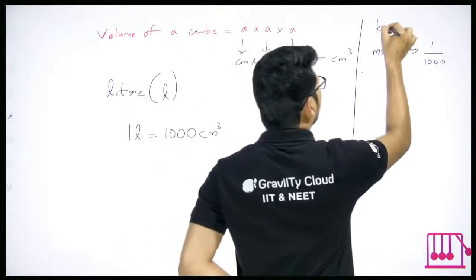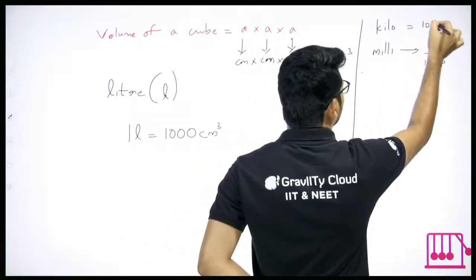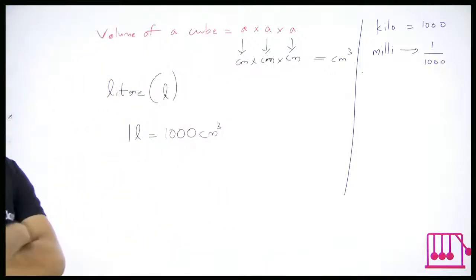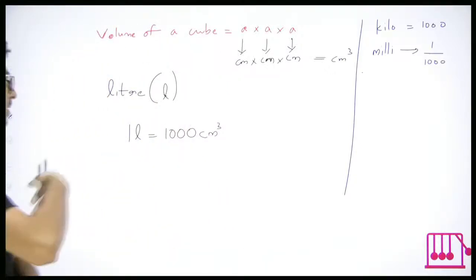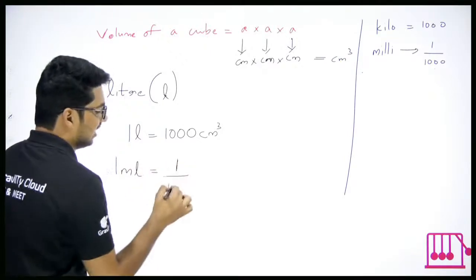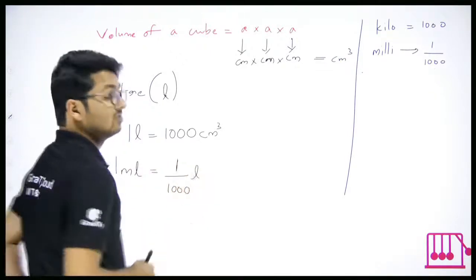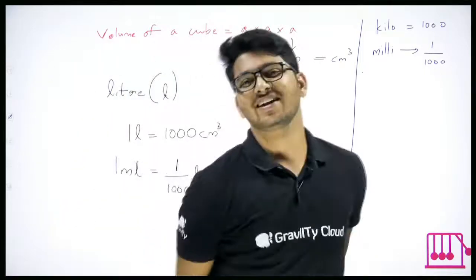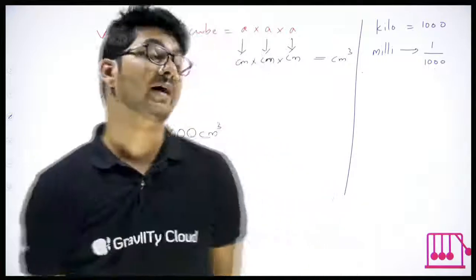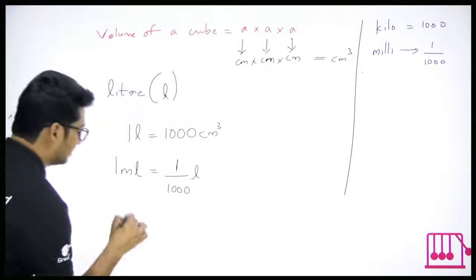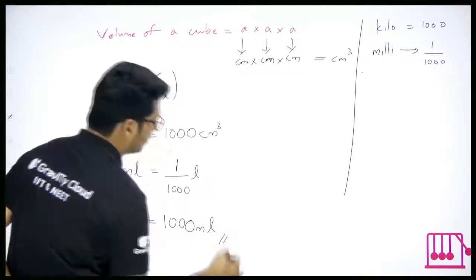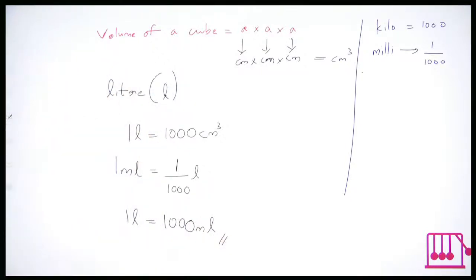Kilo is equal to 1000, but milli will be equal to 1 by 1000. So 1 milliliter is 1 by 1000 liters, or you can say 1 liter is equal to 1000 milliliter.